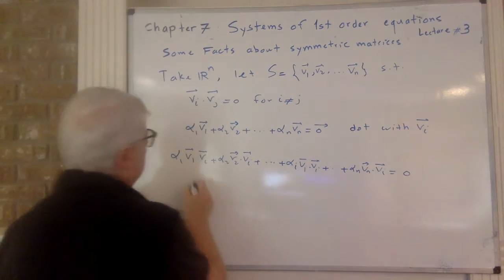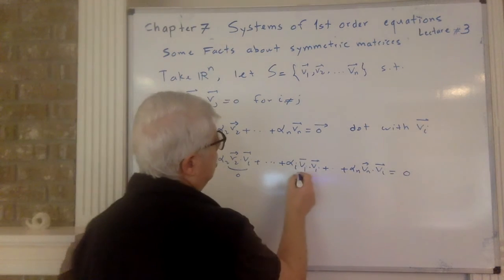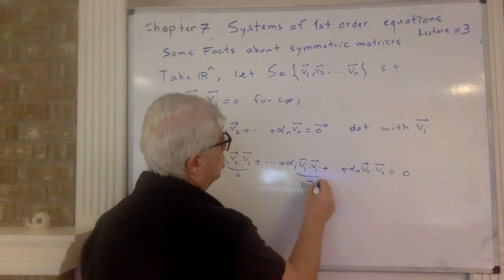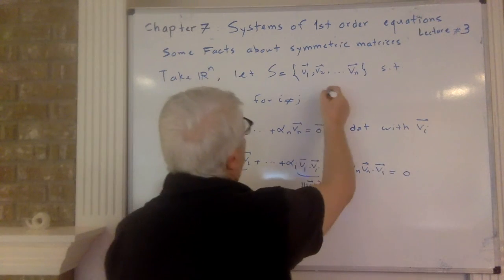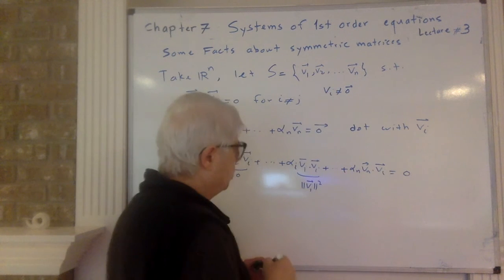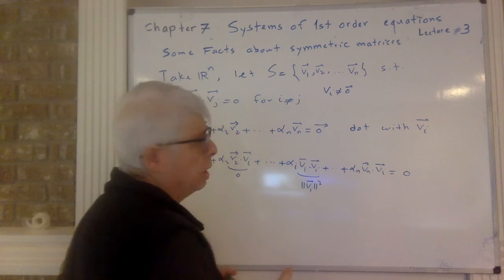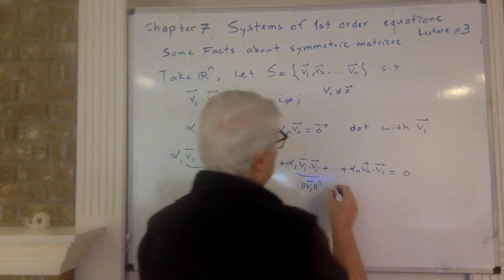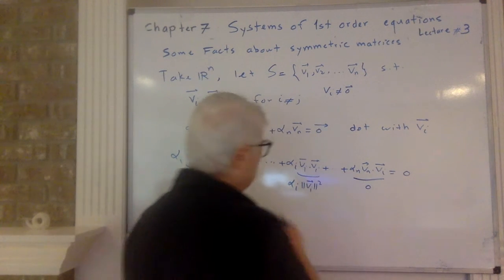Okay. This is 0, remember the orthogonal, except this is the length of vi squared, and I assume that the vi's are not 0, so I should have said that, none of them is the 0 vector. In fact, if any 0 vector is in that set, that's not linearly independent. Remember, that was like a theorem. And so I have alpha i, and it's 0. So what happens?